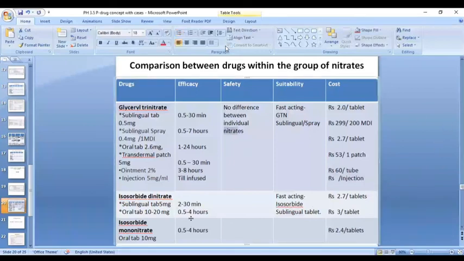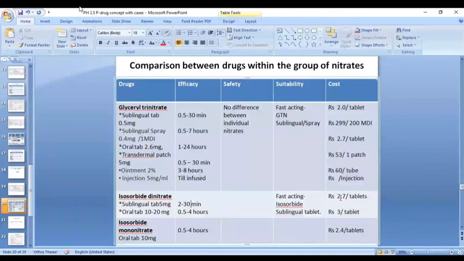Maybe the onset of glycerol trinitrate in fact is slightly earlier, but overall no difference in efficacy and no difference in safety. Suitability is also similar. We have additional options in glycerol trinitrate, but sublingual tablets are available for both. The cost is slightly less for glycerol trinitrate and slightly higher for isosorbide dinitrate. Not much different, but slightly.